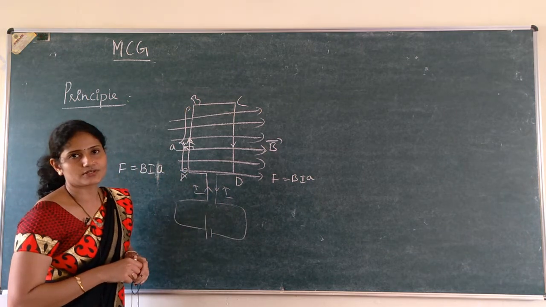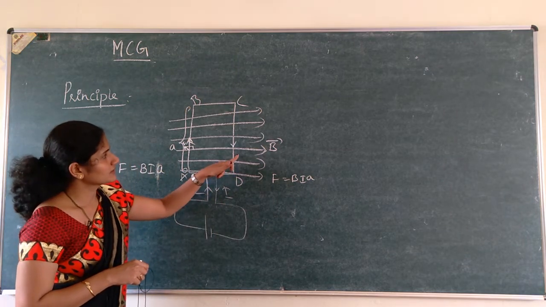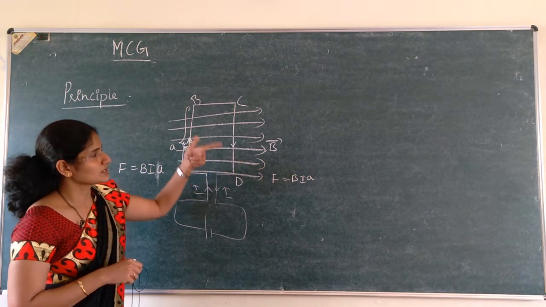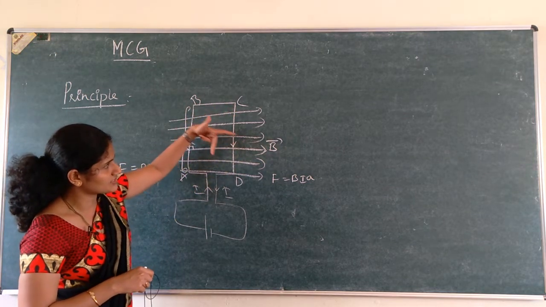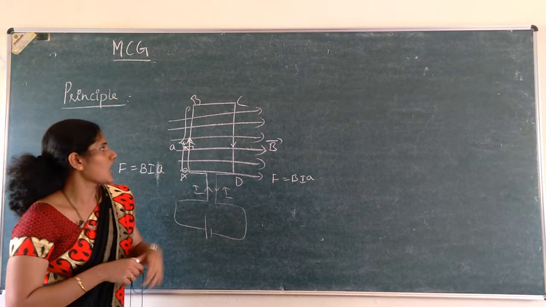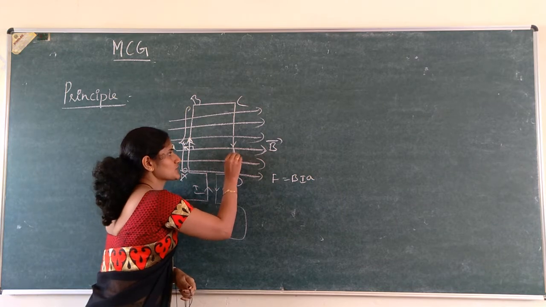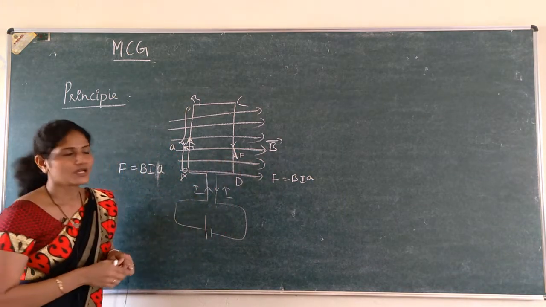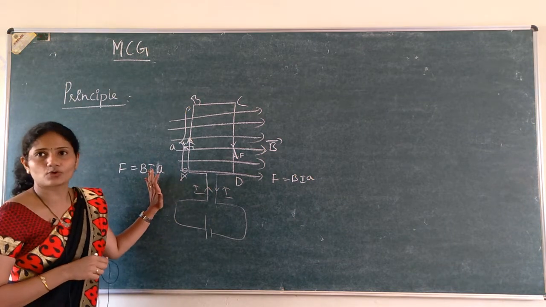What about the direction? Here in this arm, the current is flowing in downward direction. This is the direction of magnetic field. So the direction of force is outwards. The net force is 0.